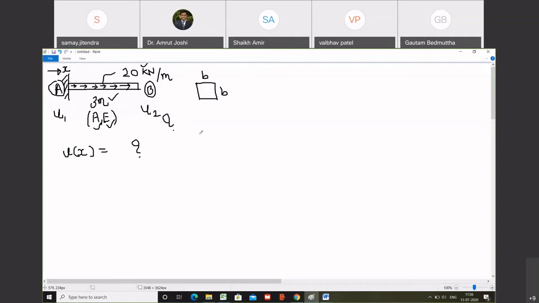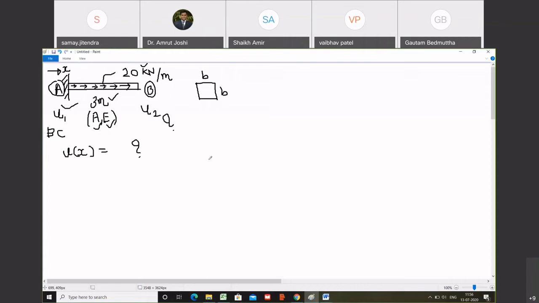And additionally, U1 is known. Why? Because it is a boundary condition. Do you agree with me? So the job that you have to do is to configure U2. Not only that, I will also be interested in finding out the displacement at any other point than A and B. Do you agree with me? Okay. Now, how do we do this job?